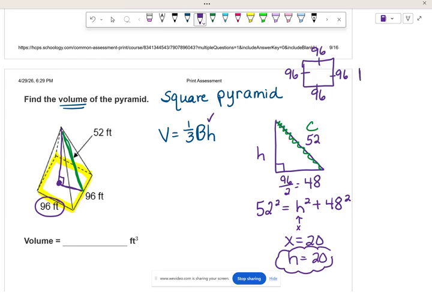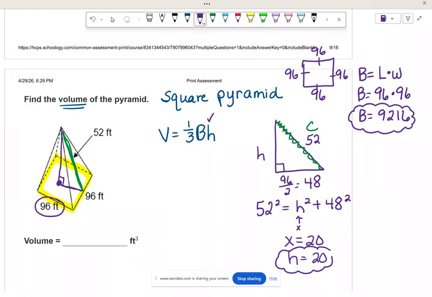To find the area, we do length times width. 96 times 96 is a number I don't know, but I've got my calculator, and it is 9,216.